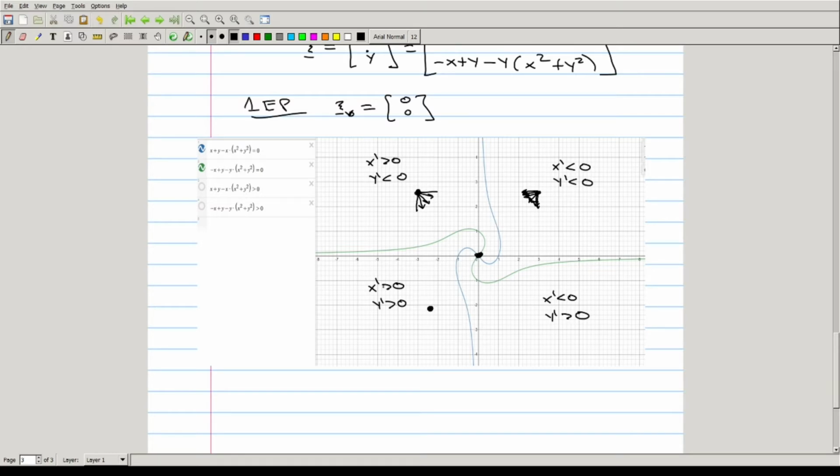Likewise here, x prime is positive and y prime is positive, which leads to any solution having to have a tangent vector that points in this direction right here. And similarly, in this region right here, x prime is negative and y prime is positive, so the solution direction can only point in this range of angles right here.